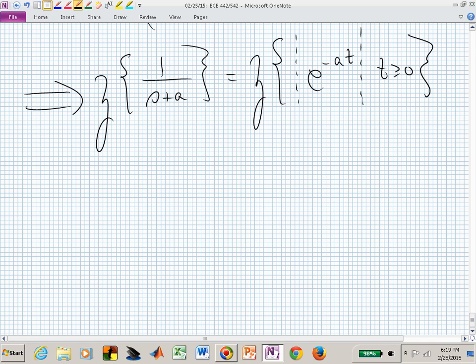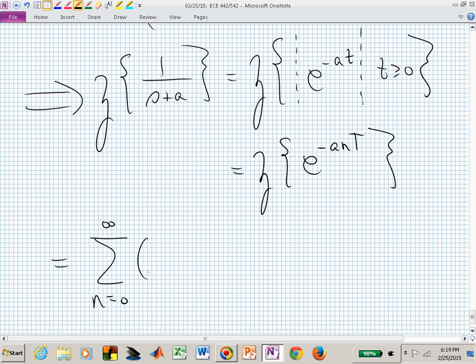The vertical lines are telling me I'm sampling that, so that this is now e to the minus a little n t. And I can put that into the definition of the Z transform, which is now my functional argument x of n, e to the minus a n capital T, scaled by z to the minus n.